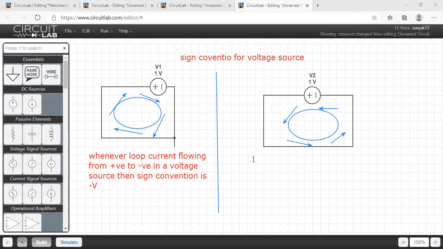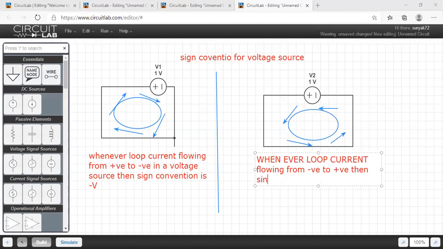Then we can say that whenever loop current is flowing from negative to positive, then the sign convention is positive V, so plus V. Simple. We only have 4 formulas here.